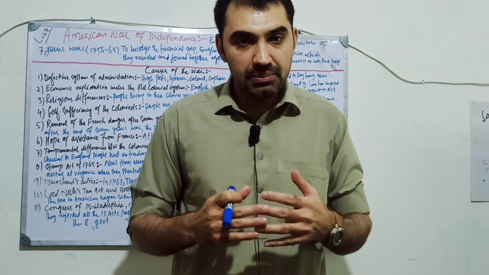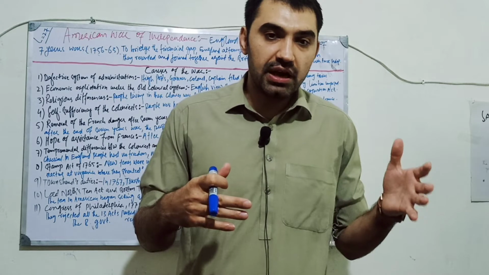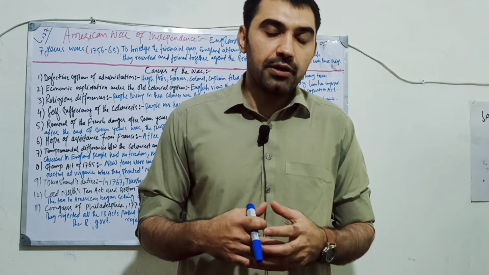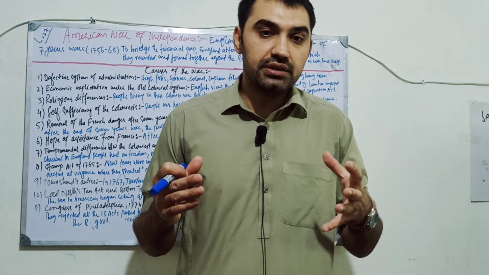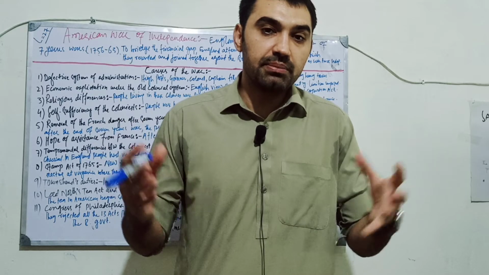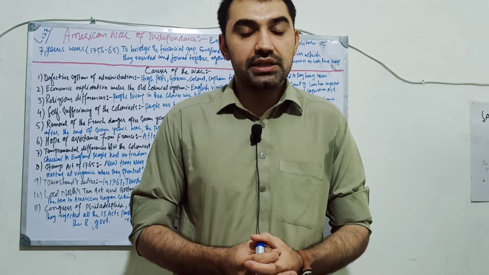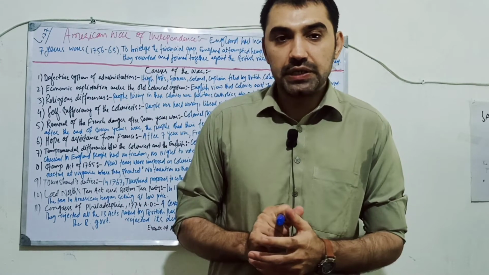When the British Parliament rejected all those demands of the American people, or those 13 colonies, it greatly increased the miseries of the American people, which later became a potential reason for the American War of Independence.